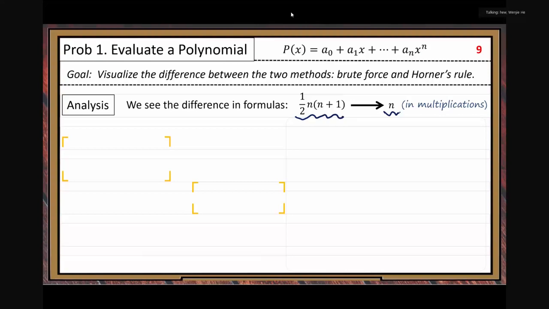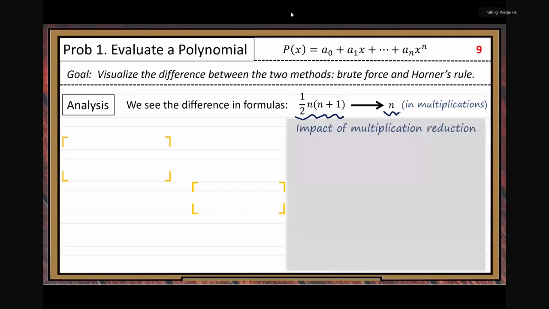Visually, they are different in math formulas, but we want to really feel it. How big is the difference? So I want to use some visual way to let you feel it. Let me do some more experiments here. Impact of multiplication reduction.